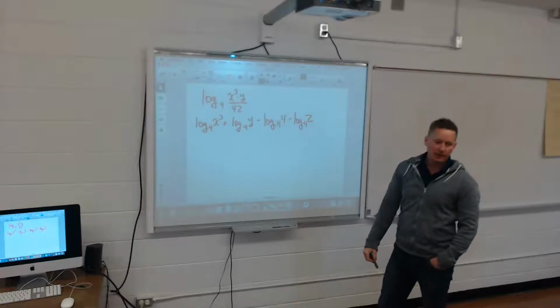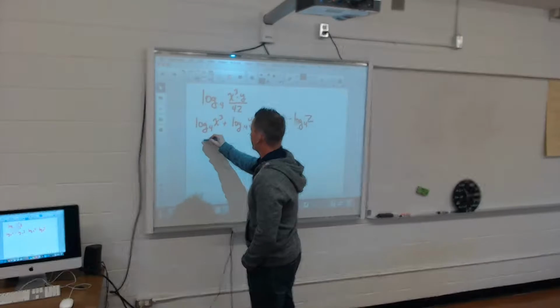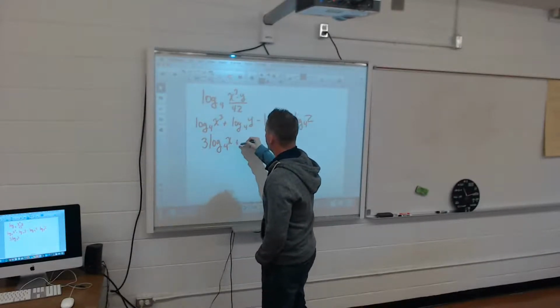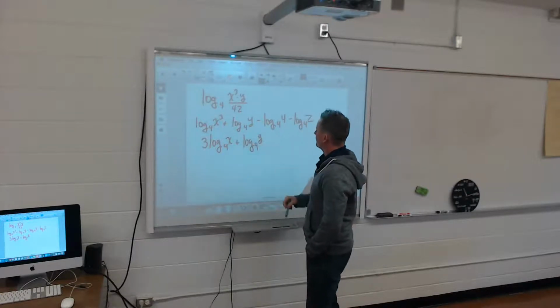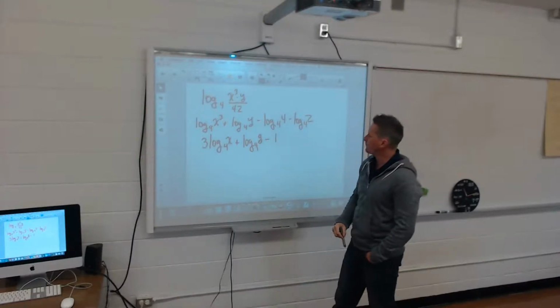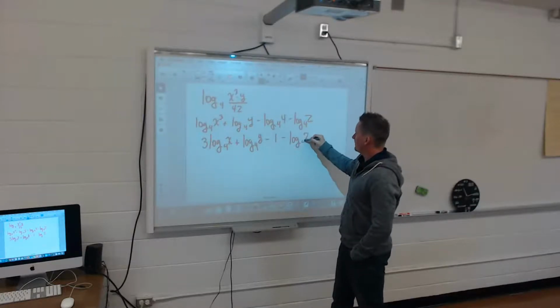Okay, and then at this point I need to simplify if I can. Well, I can move that 3 to the front. So I get 3 log x base 4 plus log y base 4. That is 1. Log of 4 to the base 4. Subtract the log of z to the base 4.